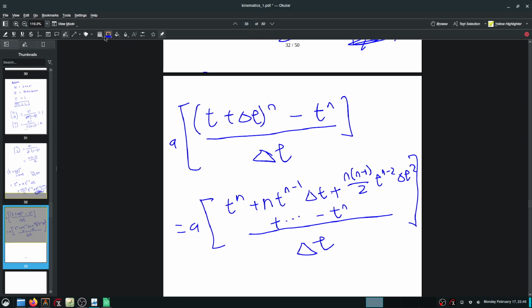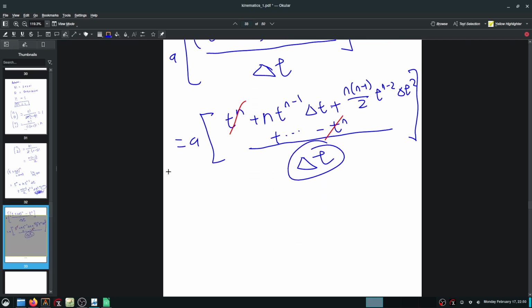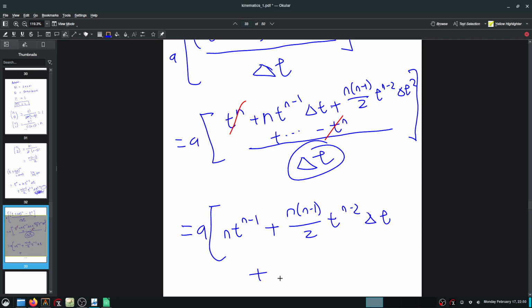So immediately what you can see is that this t to the power n and this minus t to the power n cancel out. That's nice. So all the terms here can be divided by this delta t. So I'm going to do this: n t to the n minus 1, plus n minus 1 over 2 t to the n minus 2 delta t, plus dot dot dot.